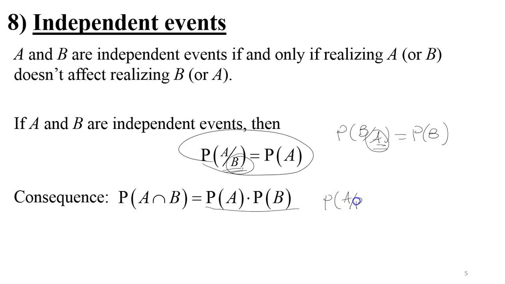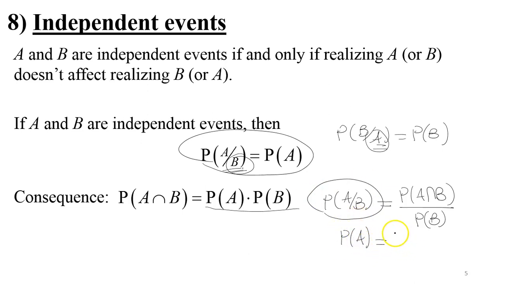The probability of A given B, we know, is the probability of A inter B divided by the probability of B. Now, if A and B are independent, we have seen that this probability is equal to the probability of A. So we would have the probability of A equal to the probability of the intersection divided by the probability of B. Now, if we cross multiply, we end up with this corollary, or this consequence.